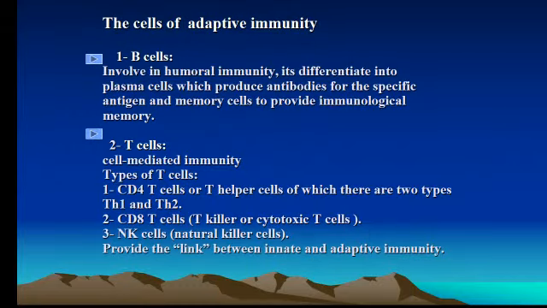The cells of adaptive immunity: we have two types of cells that are specific to adaptive immunity. We just talked about the B and T cells.